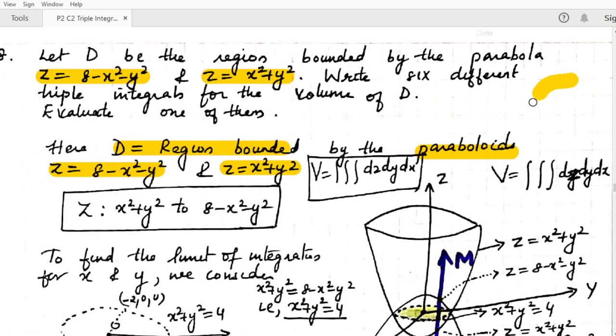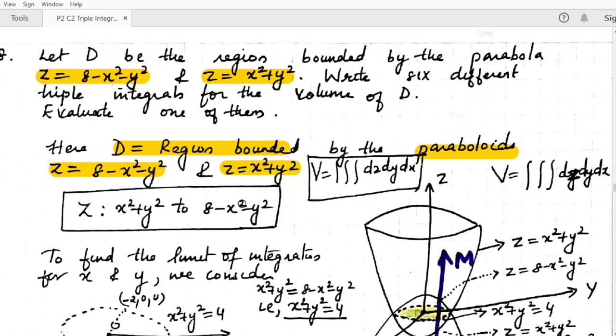We can take the example of a half egg, and we can see the surface of the half egg is an example of a paraboloid.